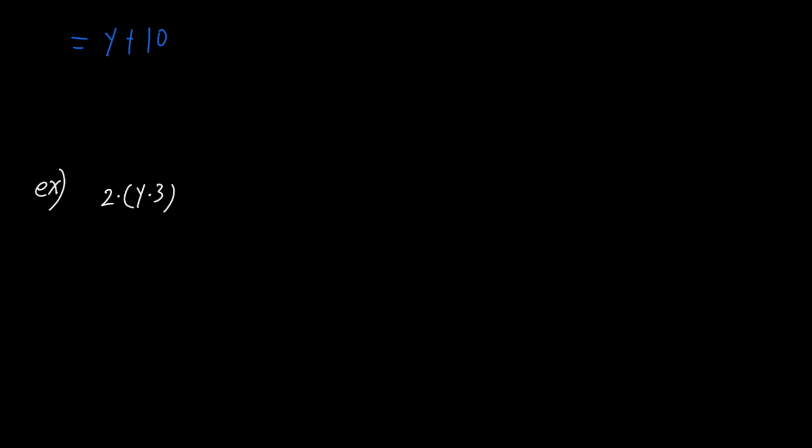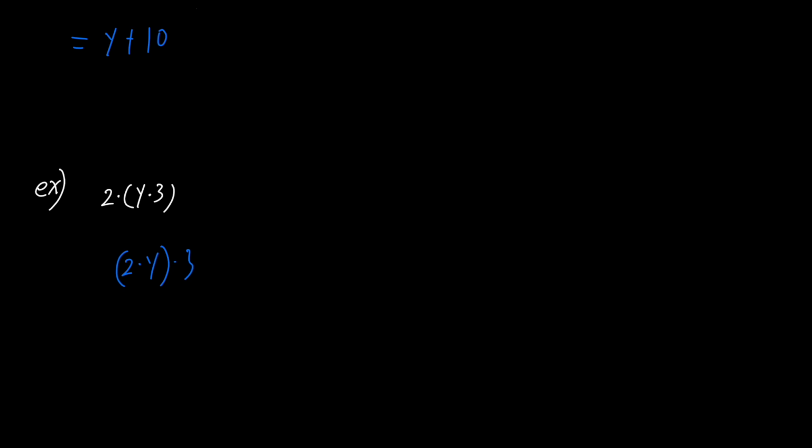So what do we do? Can we use the associative property? Let's try it. Let's say we put the parentheses around y and 2, and times 3. Does it change anything? It doesn't help to combine 2 and 3.